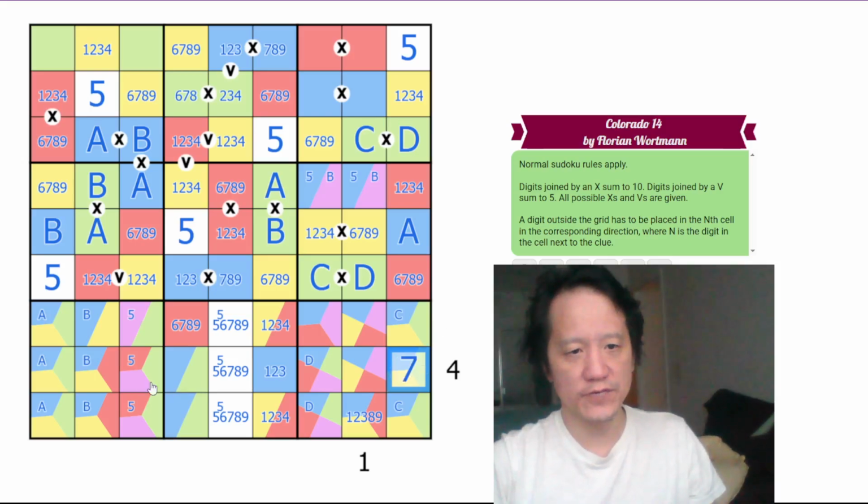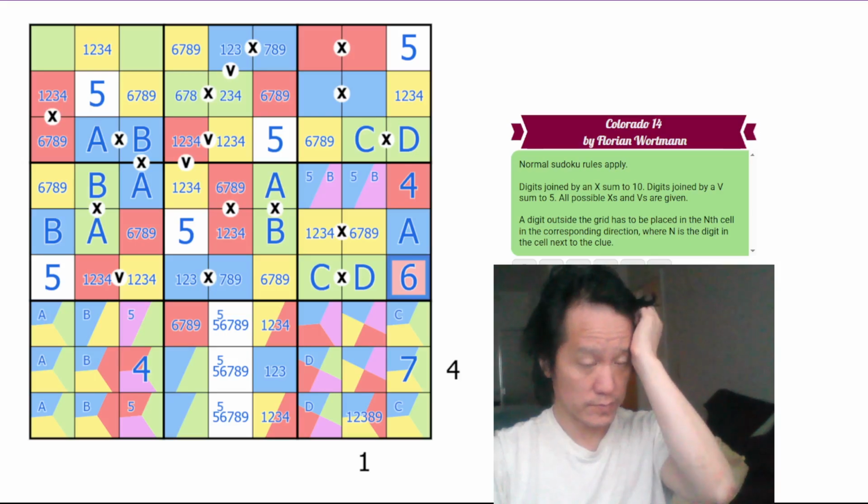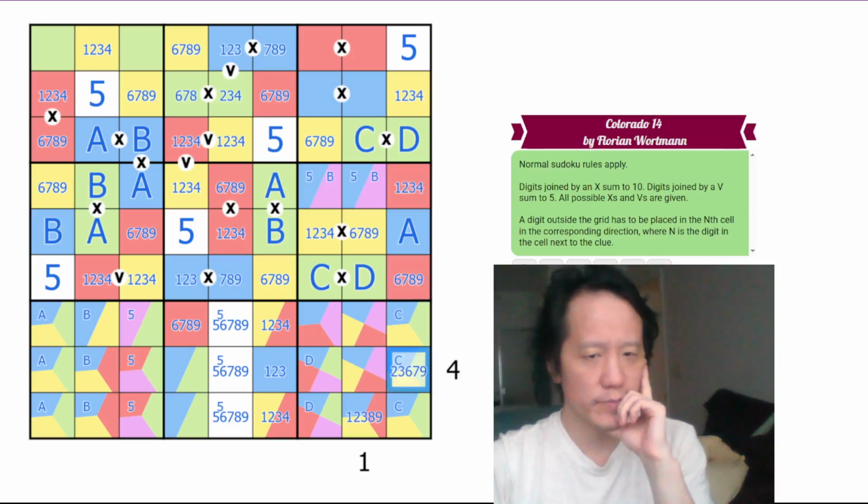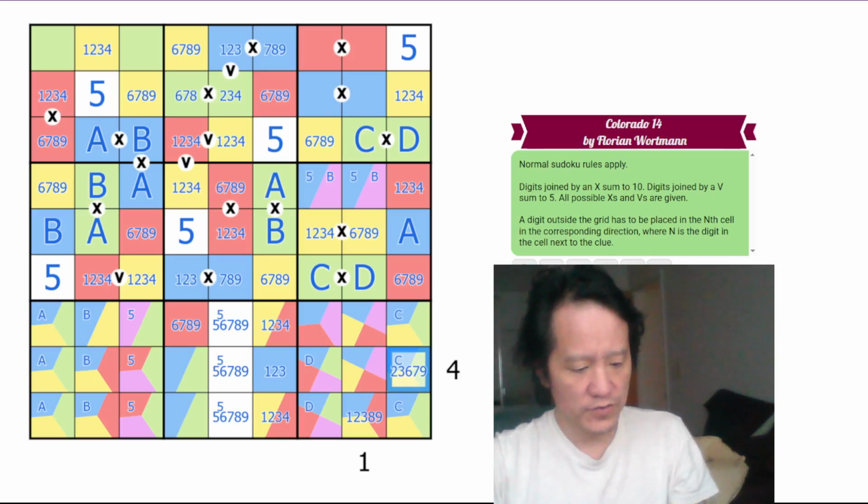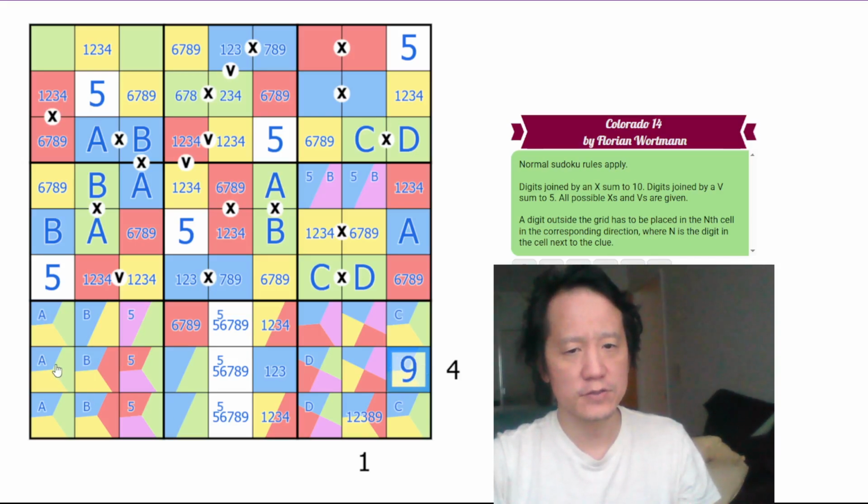So say it's 7 and the low red is 4. So this is 4, 6. Hold up. So if this is 9, that means this must be blue. Interesting.